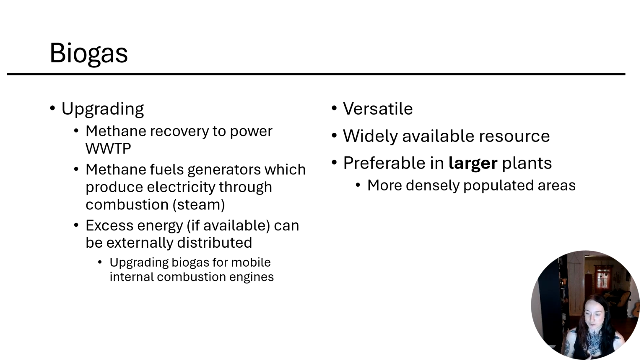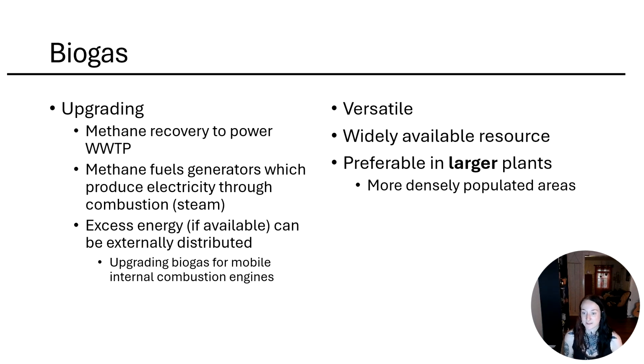I'm not going to go into all the different processes right now, but through purifying the gas, it can increase its versatility and its value. And that methane can be used in electricity production for the wastewater treatment plants. If it ever got to the point where it was efficient enough where excess energy was being produced, it would be able to be externally distributed.